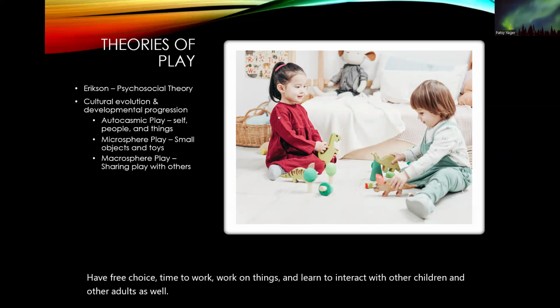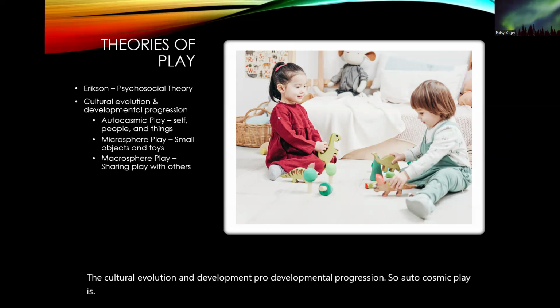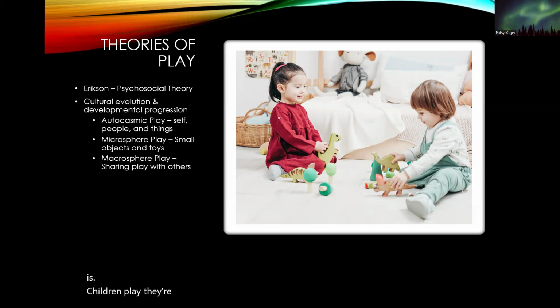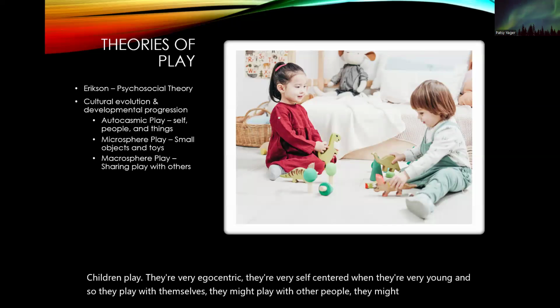The cultural evolution and developmental progression. So autocosmic play is when children are very egocentric, very self-centered when they're very young. And so they play with themselves, they might play with other people, they might play with things.